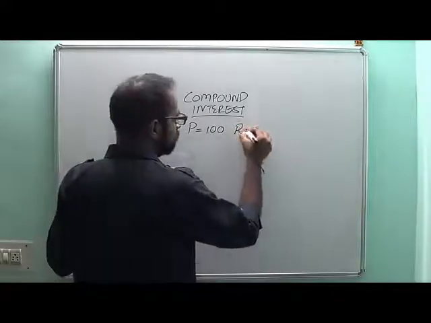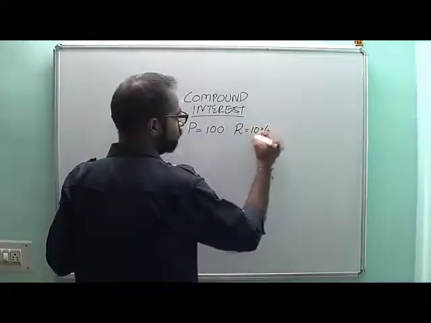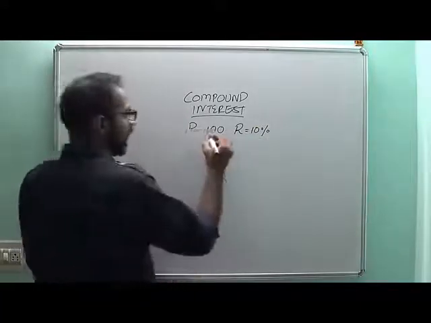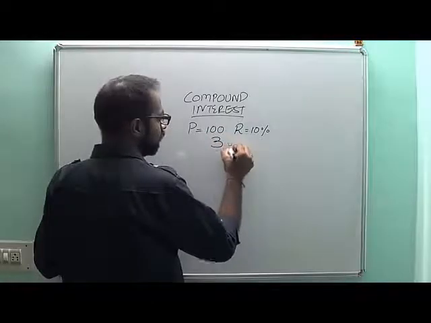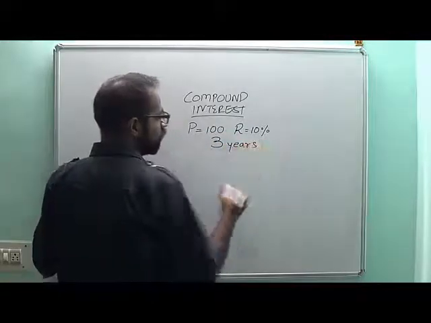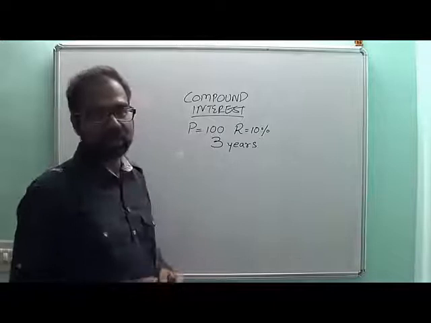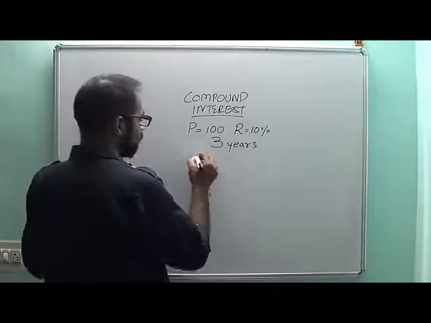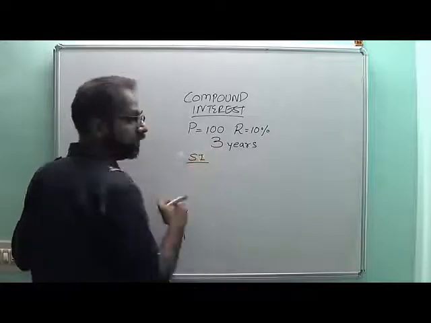I will charge him a rate of 10% as interest to be compounded annually. And let us say that the time period for which I will be lending the money to him will be 3 years.